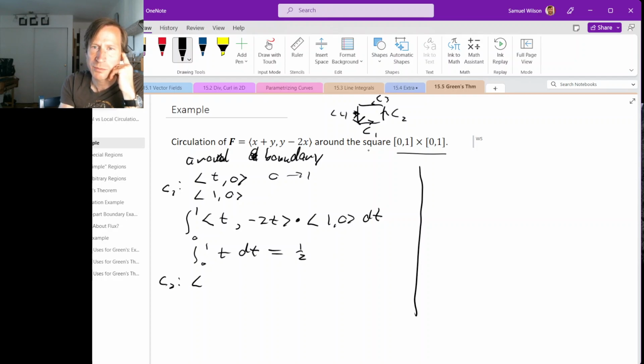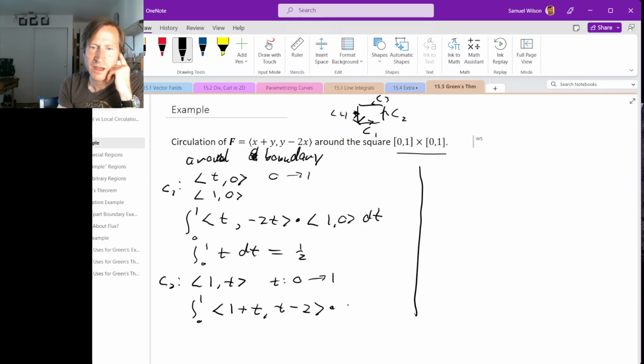Okay, now let's do C2. C2 is going up the right-hand side, so the x-coordinate there is 1, the y-coordinate is t, and t is going to be going from 0 to 1 again. So integral from 0 to 1, x is 1 plus y is t, comma, y is t minus 2 times 1. This time r prime is 0, comma 1.